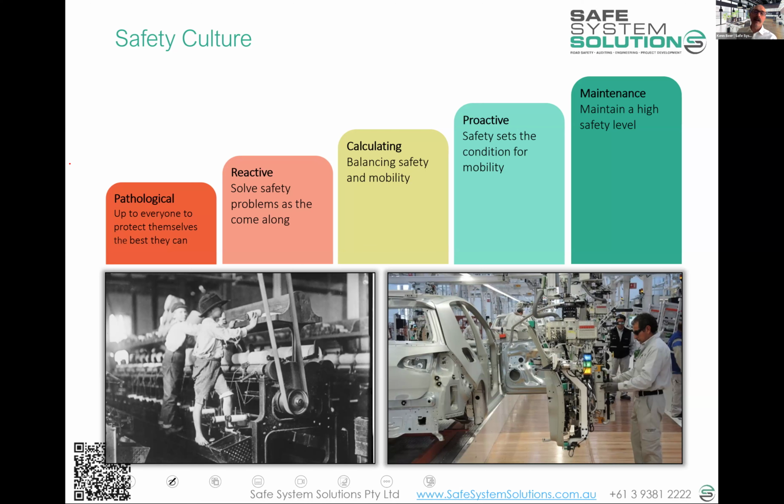Now, where do we sit with the road transport system? Well, it kind of straddles a few of these, I think. We have a heavy pathological safety culture, exactly as we were talking about before. We know the system's unsafe, but we don't shy away from that when we're licensing young people and saying, it is super dangerous out there on the roads, and it's your responsibility to act safely.